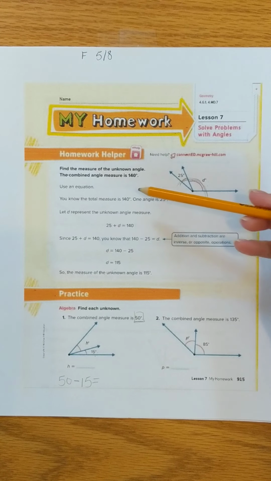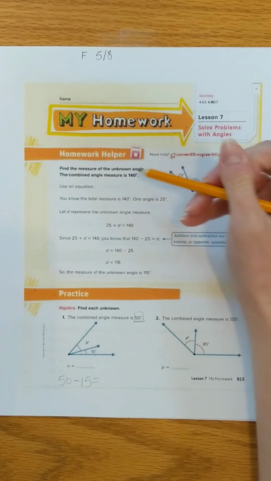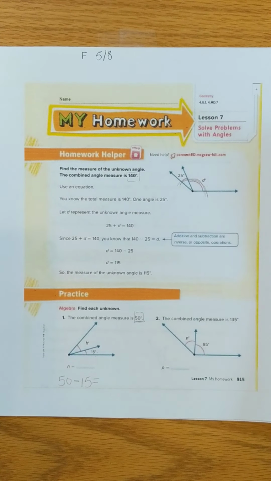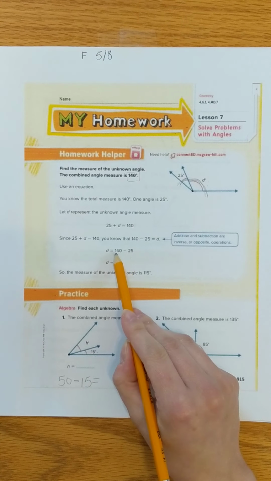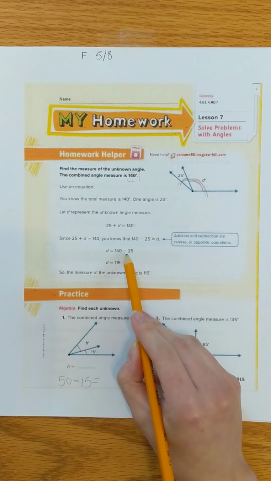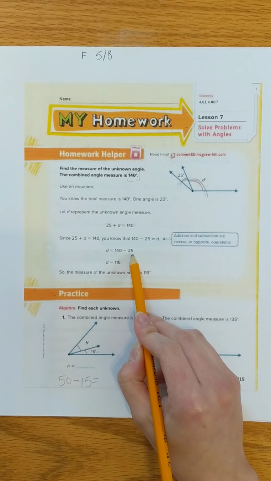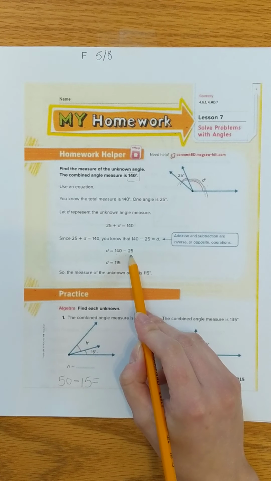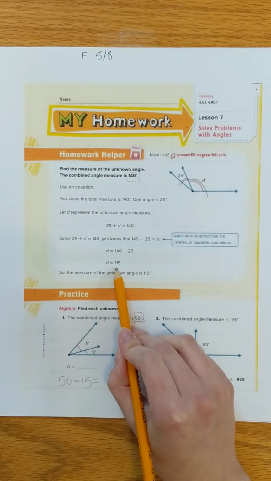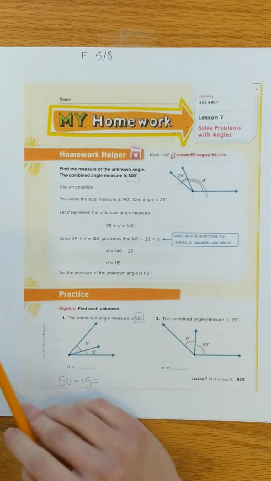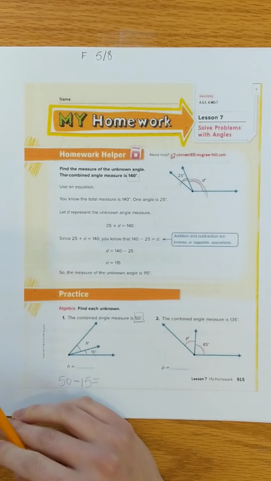When we do this, we take our combined angle measure, which is our whole amount, and we subtract the part. So down here it shows us we had 140 degrees, and we're subtracting the 25 degrees that was given. And when we put that in our calculator, we get 115 degrees. So the measure of the unknown angle is 115 degrees.